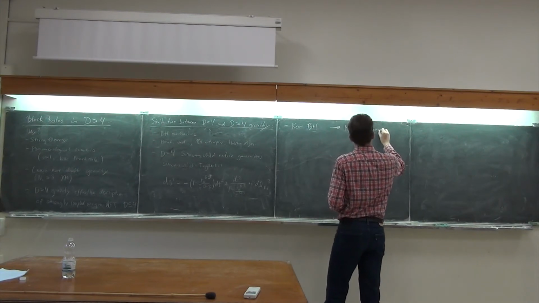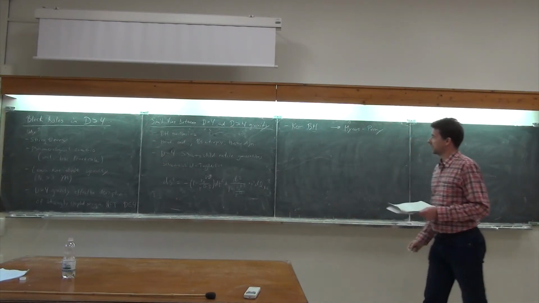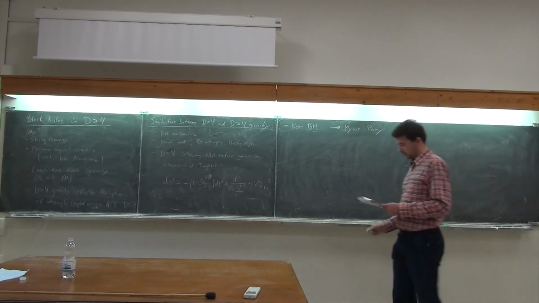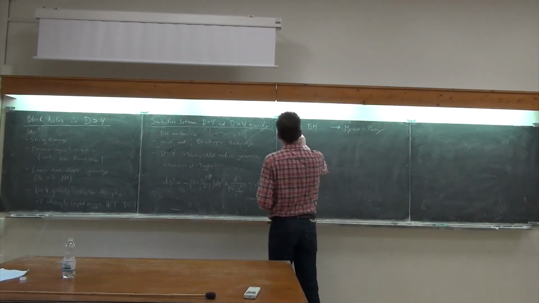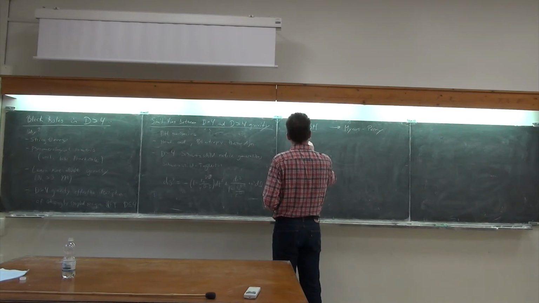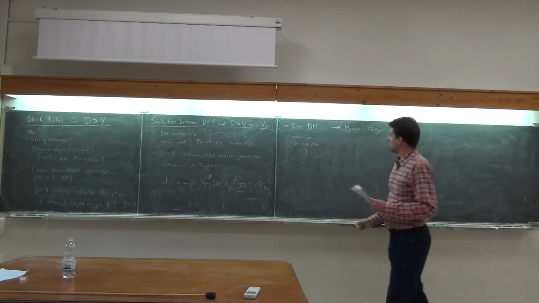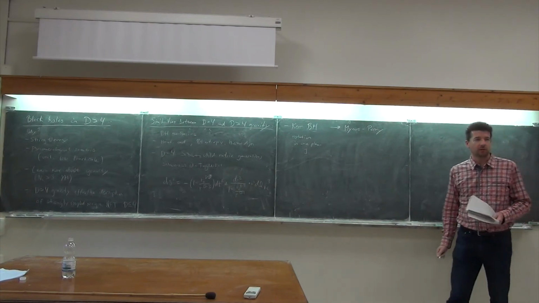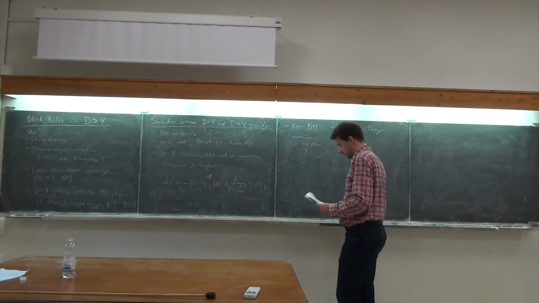But the Kerr metric generalizes to the Myers-Perry metric. For the Kerr metric, you have rotation in one plane, so you have one angular momentum. But in higher dimensions, you have many more possible planes to rotate in.